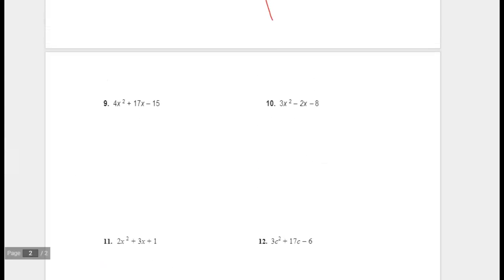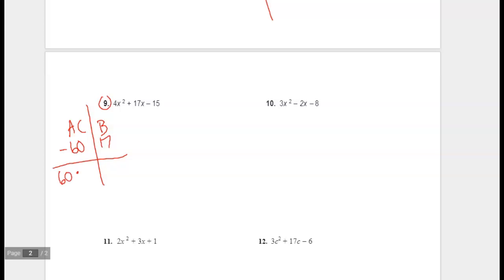I'll look at this one here, number 9. So my a times c is 4 times negative 15, so that's negative 60. And my b is 17. So I know that I have to put a negative here and a positive here.